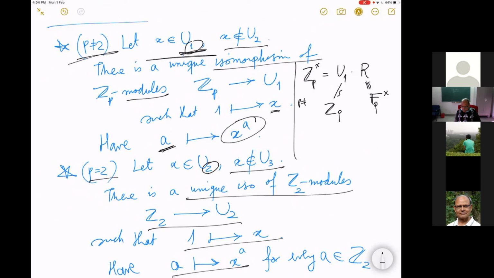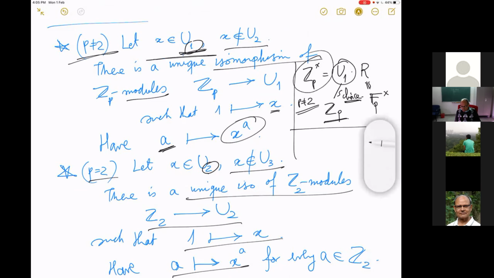So if p is different from 2, this is isomorphic to Z. You make a choice here. You have to choose an element in U_1 which is not in U_2, and then you get an isomorphism with Z_p. So that determines the structure of Z_p star when p is odd. For p equal to 2, the analogous thing is that Z_2 star is U_2.